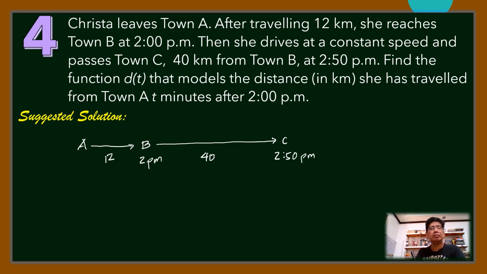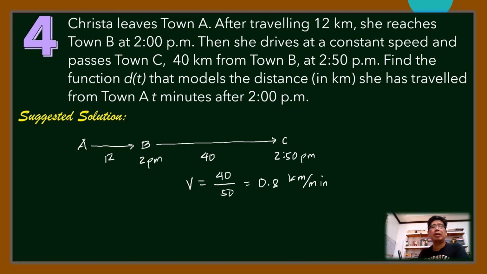The constant speed mentioned in the problem is the distance 40 kilometers in 50 minutes, and this is equal to 0.8 kilometers per minute.